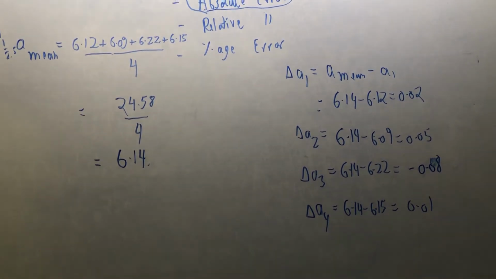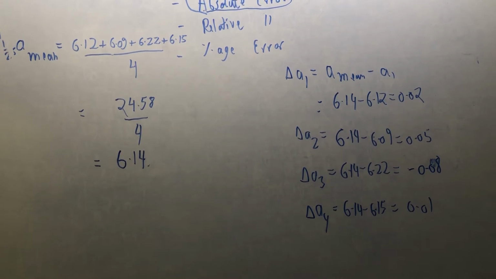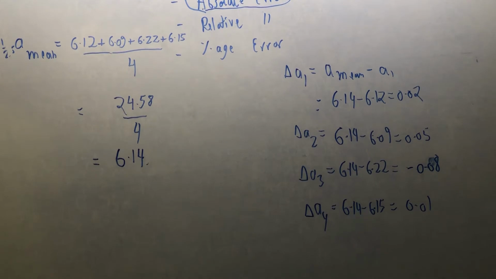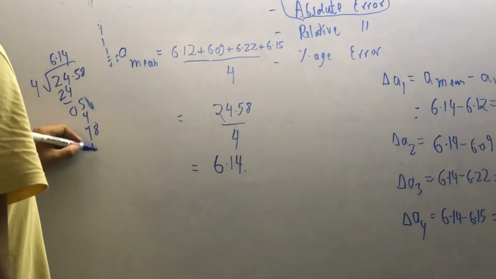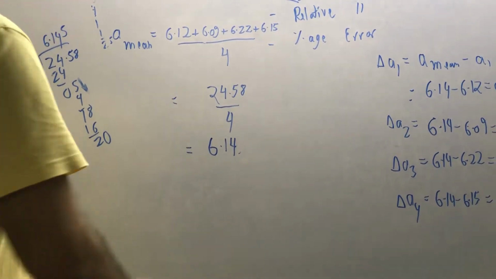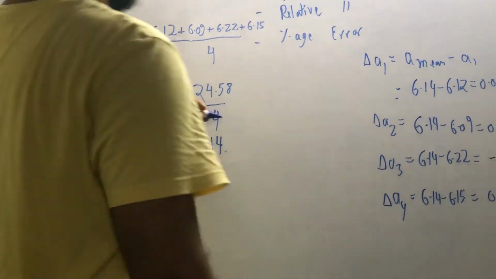24.58 divided by 4. 4 6s are 24, 0 5 5, 4 4s are 16, 6.145. This is the actual value.